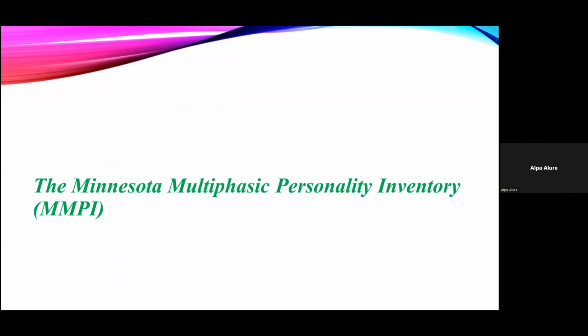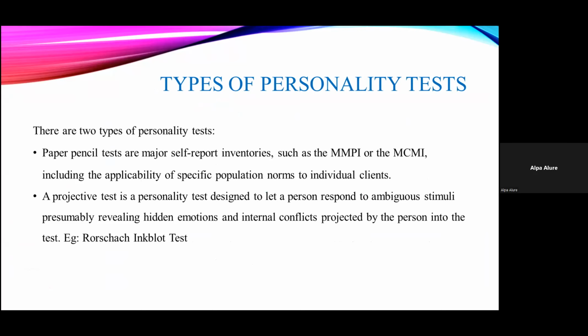Like I was telling you all that there are two types of personality tests: paper pencil tests and projective techniques. Paper pencil tests are basically self-report inventories such as MMPI, MCMI, and projective techniques are based on the Freudian principles that whatever is there in the unconscious, when an ambiguous stimulus is presented, the individual tends to project it onto the test or the cards that are there.